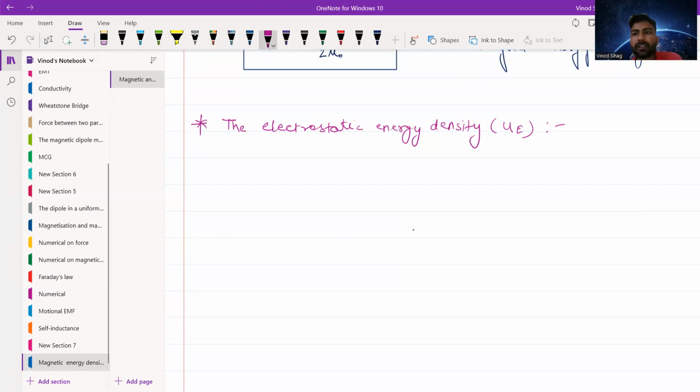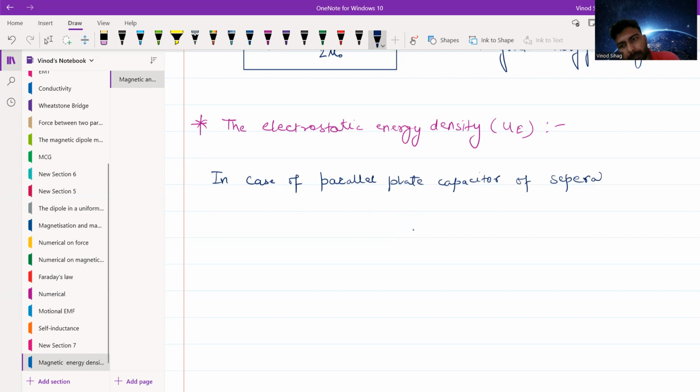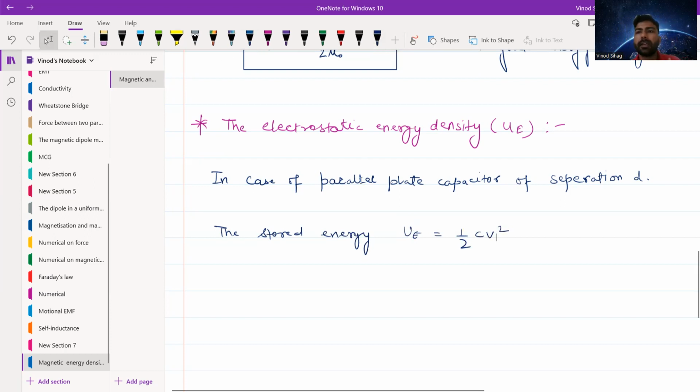As we know, in case of a parallel plate capacitor, where the plate separation is given as D, the electrical stored energy is given by UE equals 1 by 2 CV square, or half CV square. This is the energy stored in a capacitor.